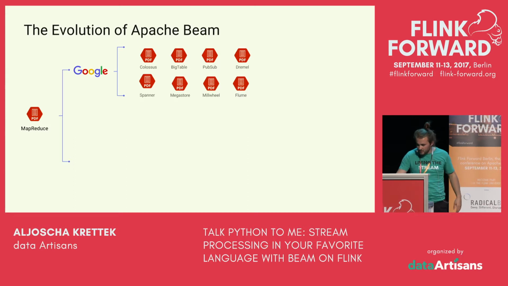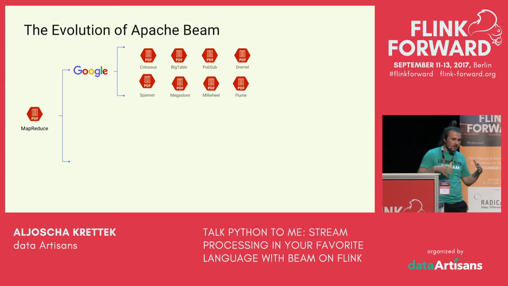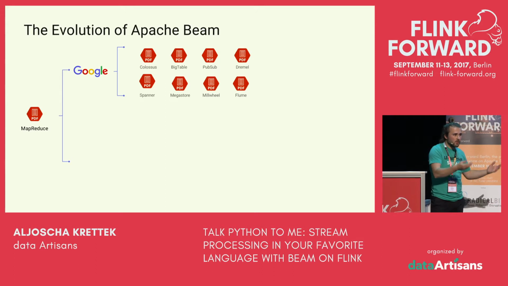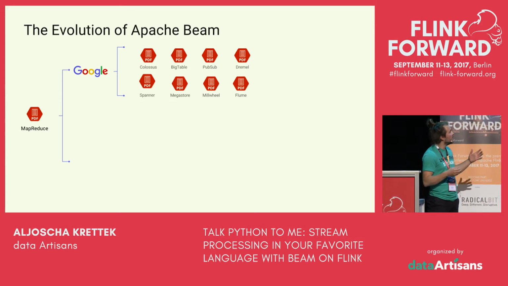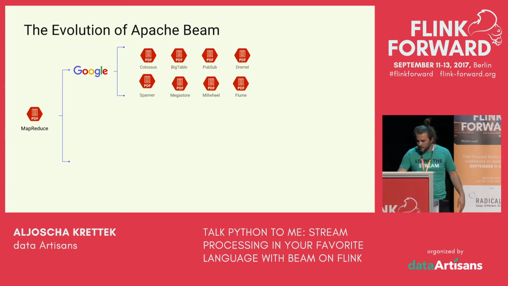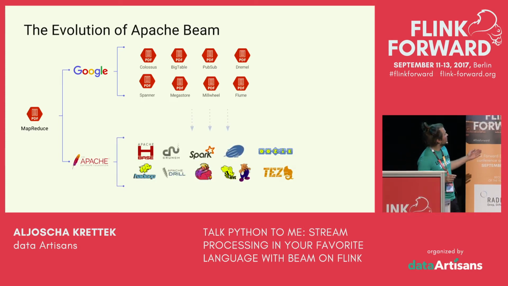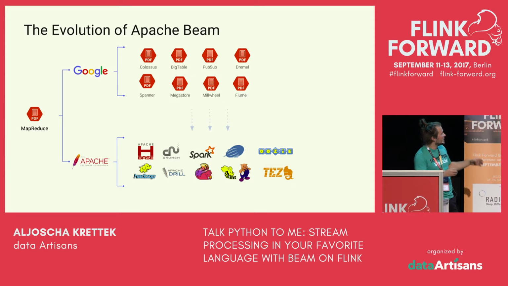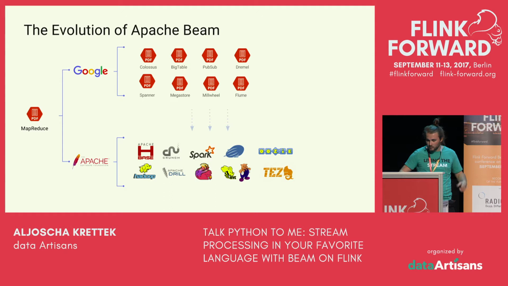Most of these systems, because Google did their thing internally, they threw out a paper, but people couldn't actually use these systems that Google was describing in these papers. So what people did, mostly under the Apache umbrella, is they developed open source versions of those systems described in the papers.